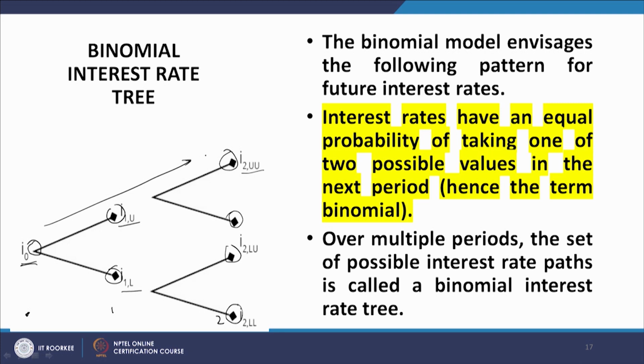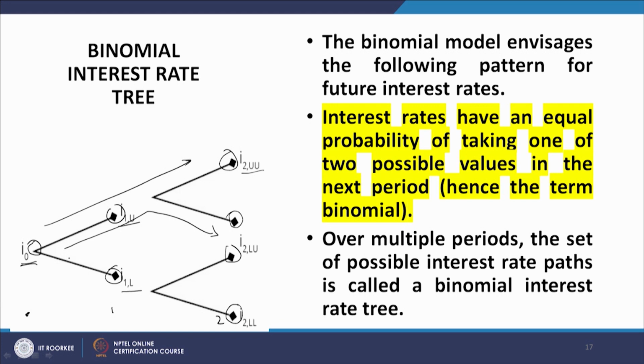If we move along this path, we will get I 2, because this rate starts at t equal to 2 years, and this comes from the first path, which is 1 u, and then a second upper jump, that is 2 u. So, it is I 2 u u, and if it moves along this path, that would give you I 2 u l, first upper jump and second lower jump.